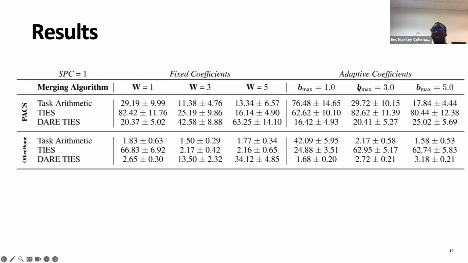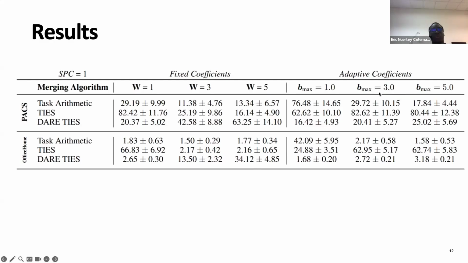With our work, we have just this Bmax term, which is the bias term that scales the coefficients. Like I was saying, certain algorithms expect numbers within a certain range. For example, in task arithmetic with 1, so values that range from 0 to 1, it works really well.